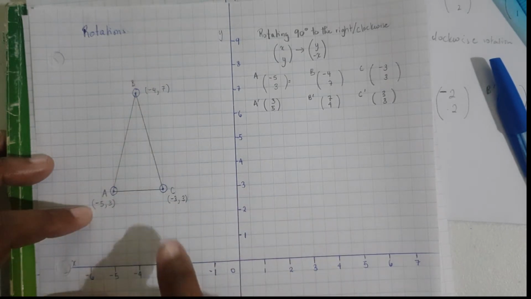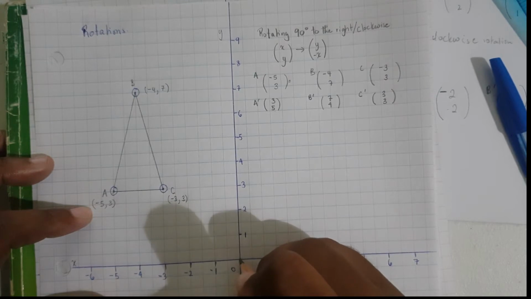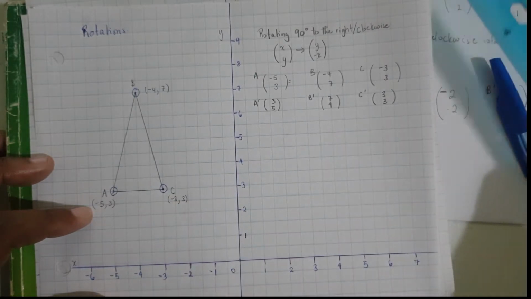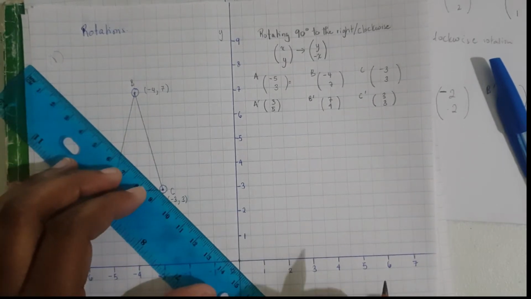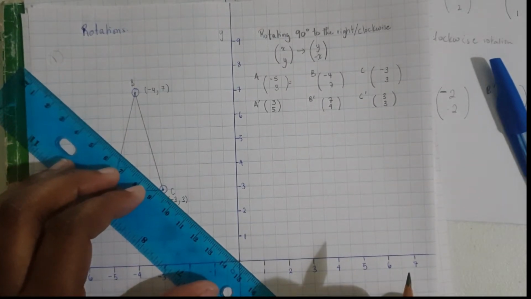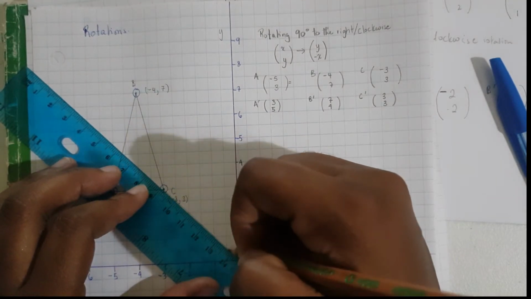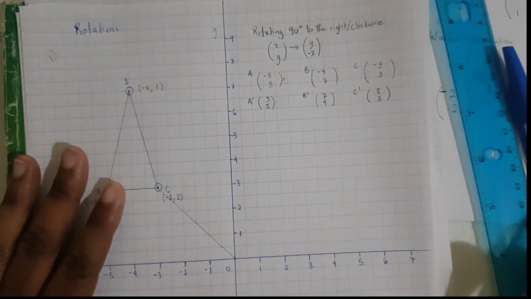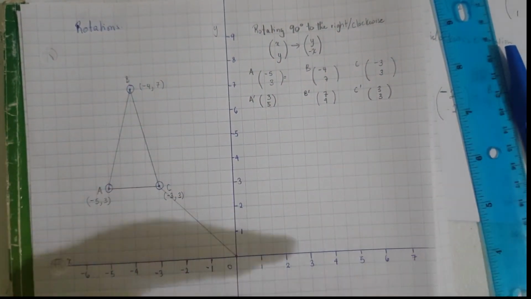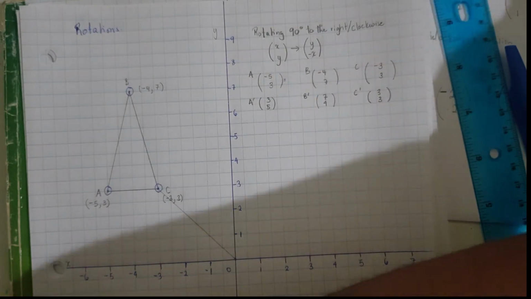Okay, so I'm gonna say that we were talking about the origin. And I'm gonna just draw lines towards my points. So I'm gonna draw a line from the origin from here to here. I'm gonna do them one by one so we stay on point. I'm gonna get my protractor and my compass.